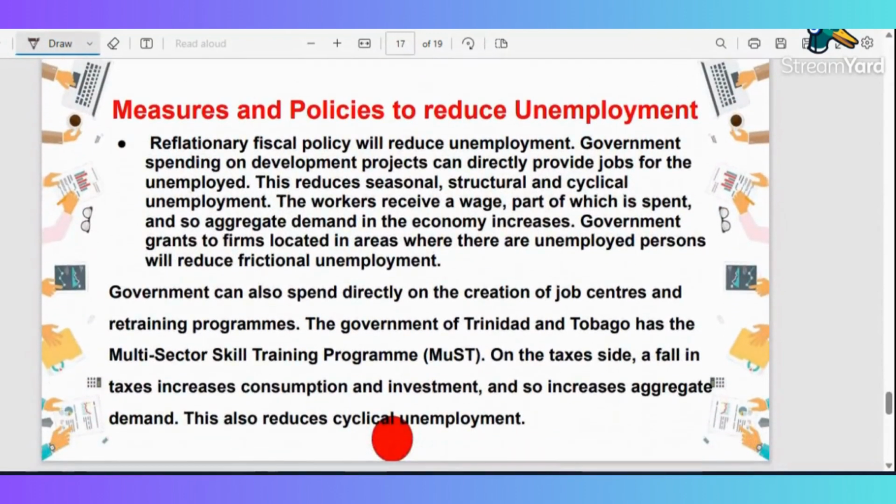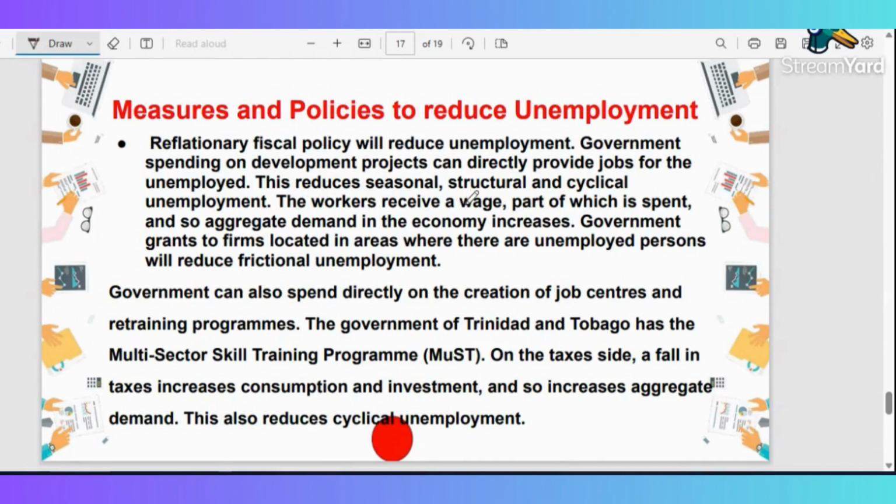We also say that reflationary fiscal policies, so these are measures and policies that can be put in place to reduce unemployment. Reflationary fiscal policy will reduce unemployment. Government spending on development projects can directly provide jobs for the unemployed. So even when they're putting these projects in place, how is it going to be done? Right? You still need the labor. This reduces seasonal, structural, and cyclical unemployment.